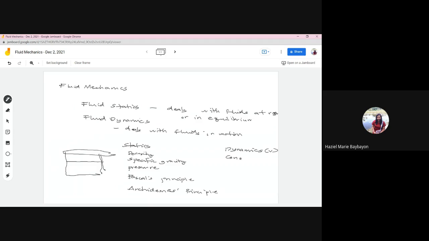We can describe it using the continuity equation, which talks about the flow rate. And then we also have Bernoulli's equation. Okay, so let us tackle each of these.